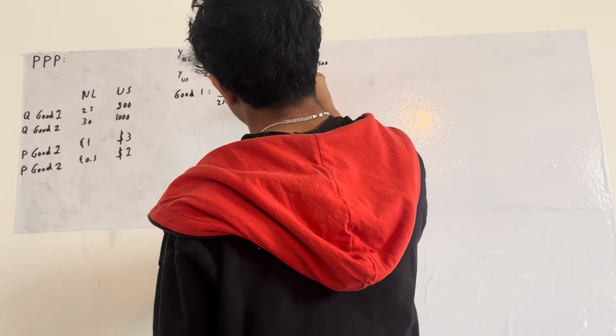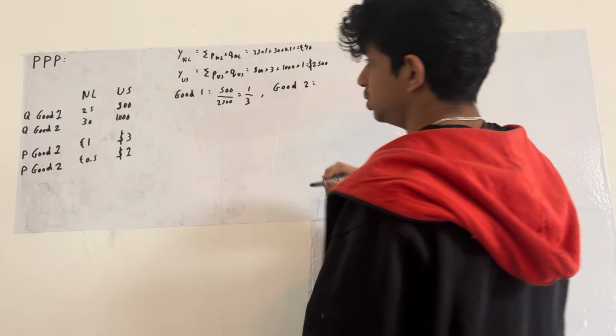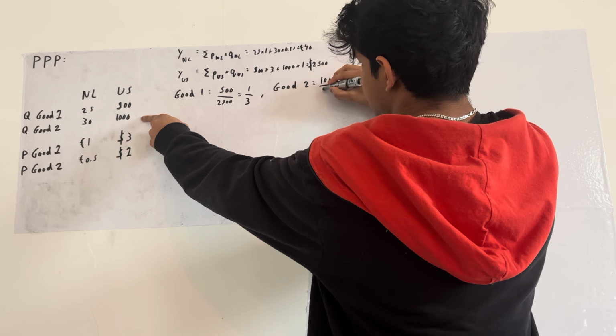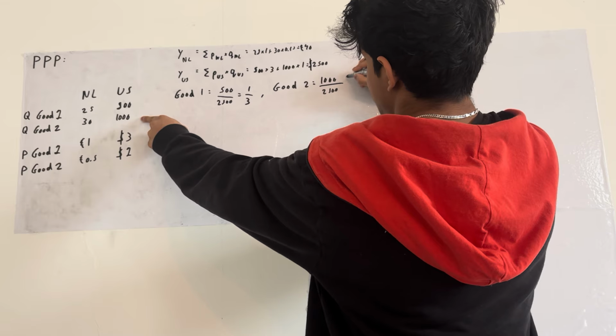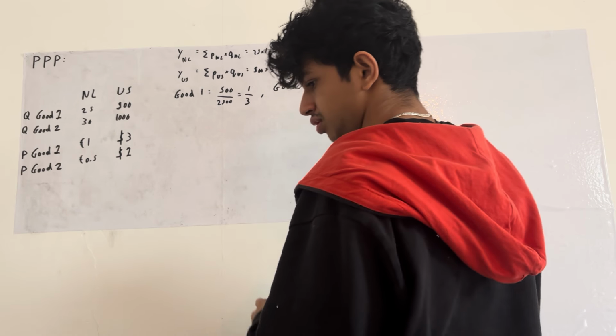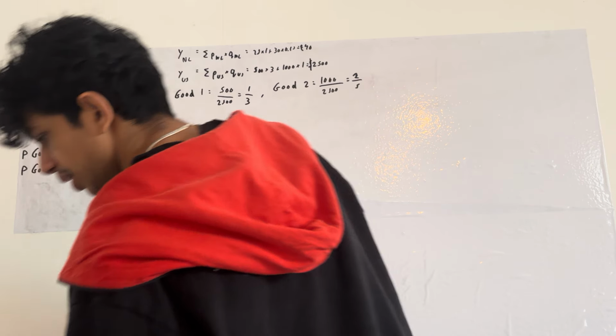And now for good 2, we'll do the same exact thing, 1,000, and we'll divide that by the GDP once again, and that is going to be 2 over 5, my bad. There you go.